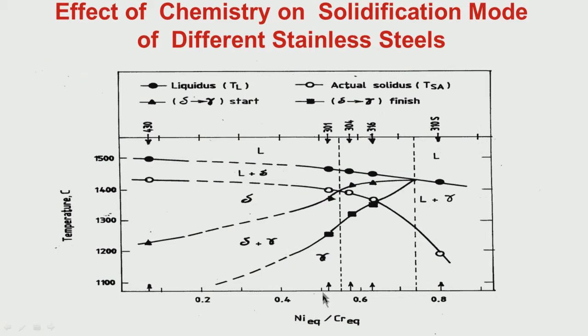For lower nickel equivalent by chromium equivalent, solidification takes place only through delta. Only after delta is formed, that means solidification is complete, does gamma come in.